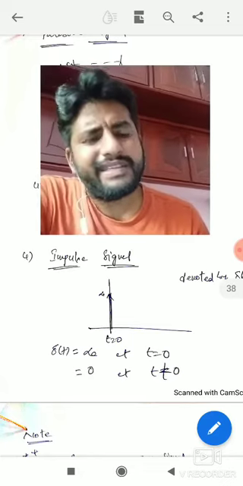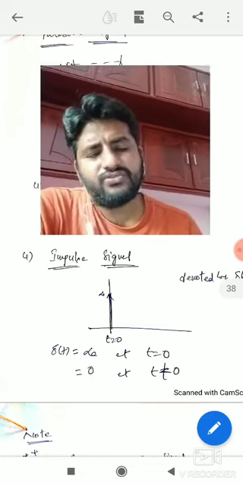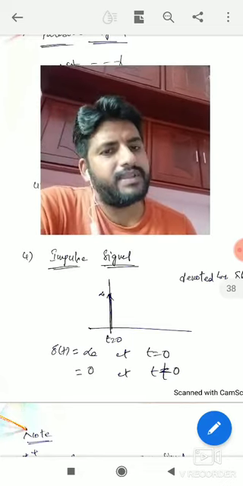If you know the property of inductor and capacitor, those concepts come out from this phenomenon itself. You know the inductor doesn't allow sudden change in current, from V is equal to L di by dt.